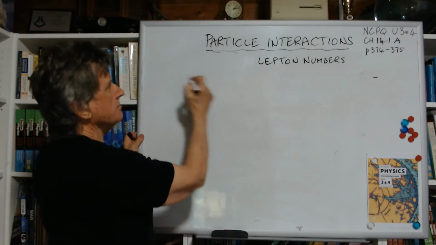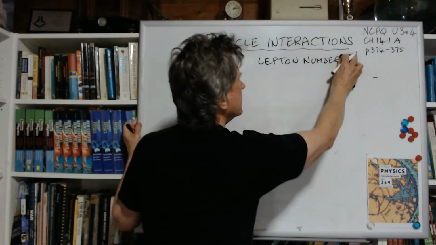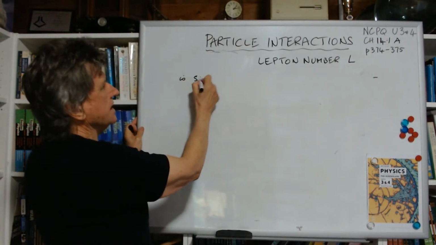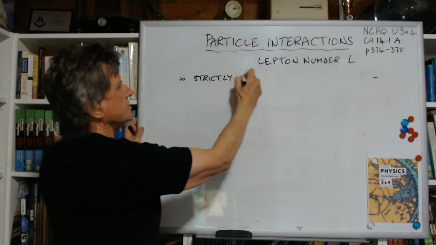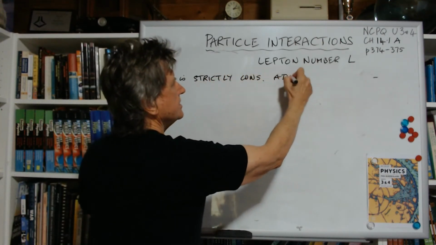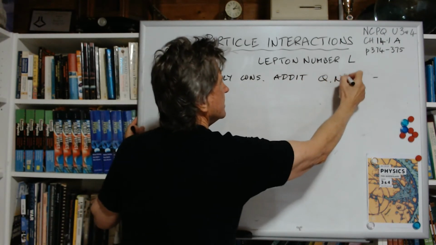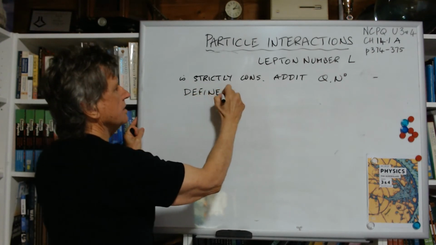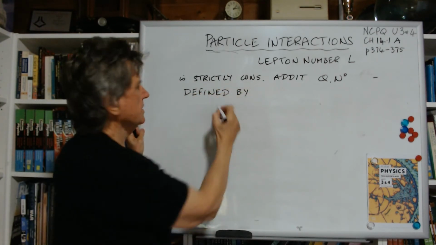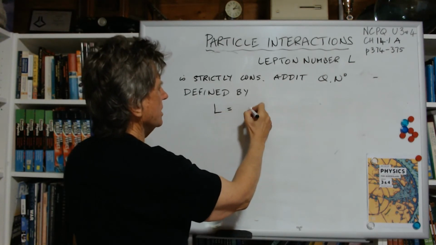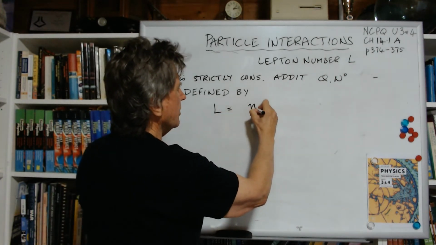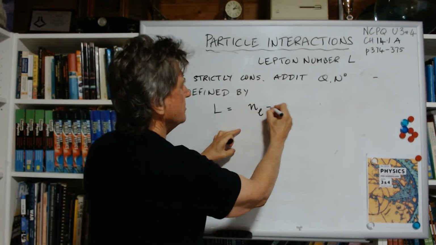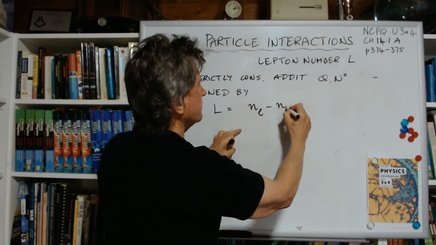And we'll say lepton number, L, is a strictly conserved additive quantum number defined by, and the formula is just L equals the number of leptons minus the number of anti-leptons.